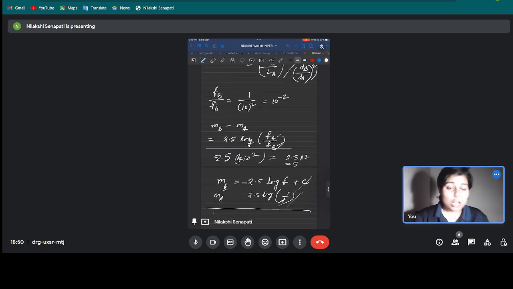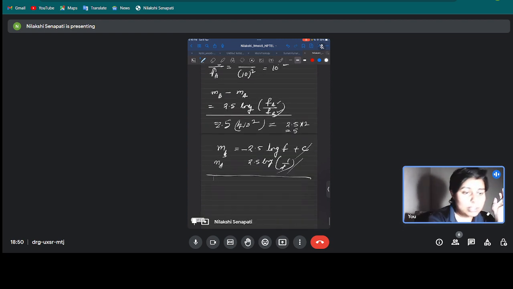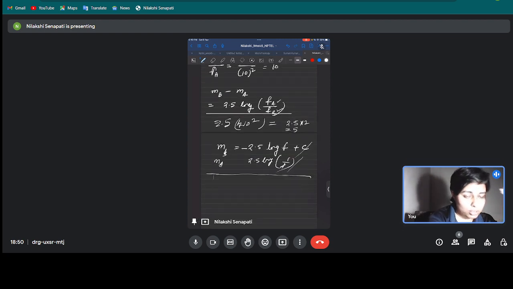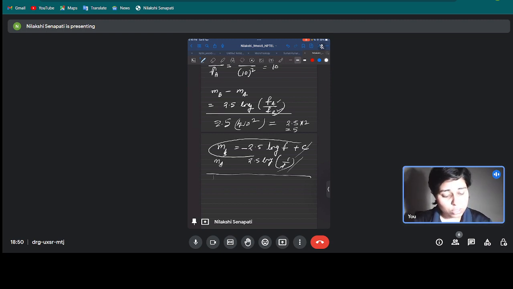At the beginning someone was asking that they are trying to solve the questions and not understanding what is the main equation that needs to be used here. For that purpose I can say that you just need to remember what apparent magnitude is from its definition, and what absolute magnitude is from its definition.